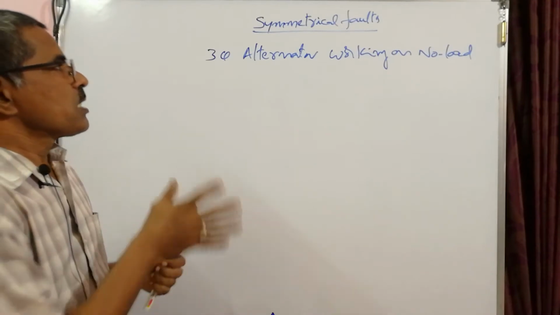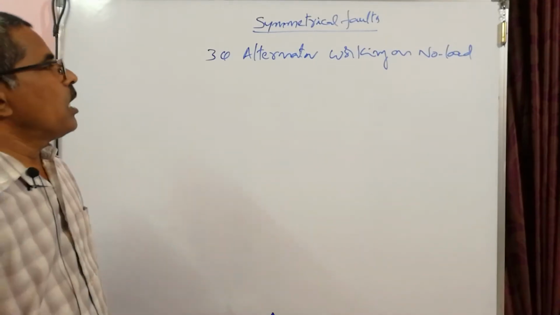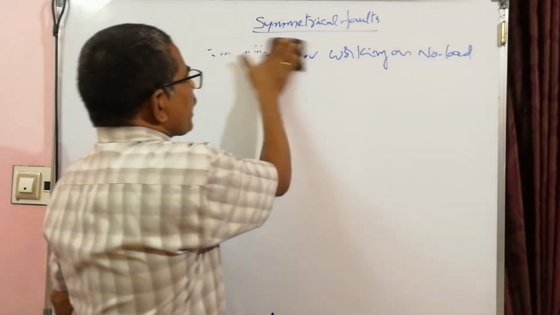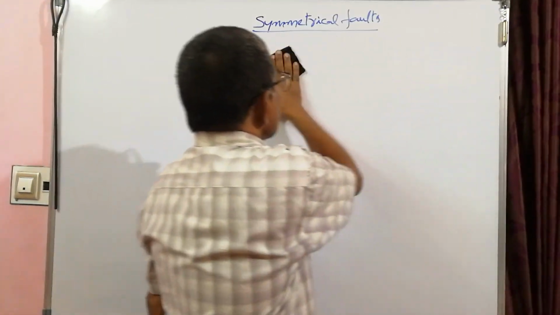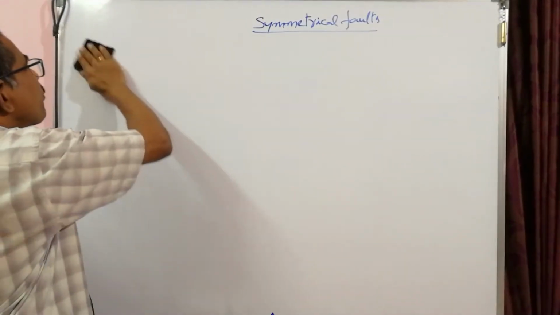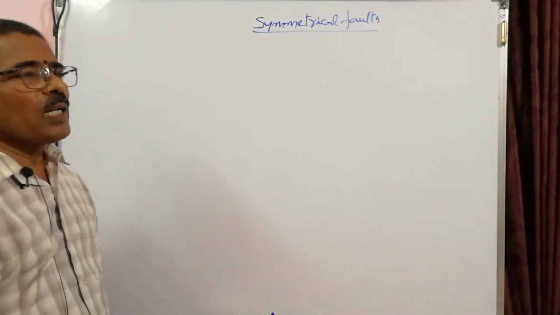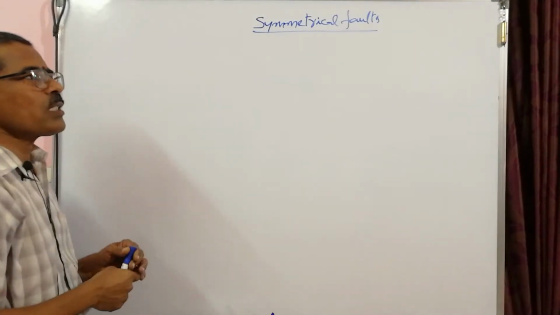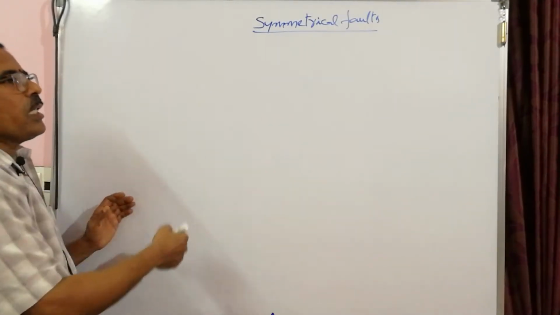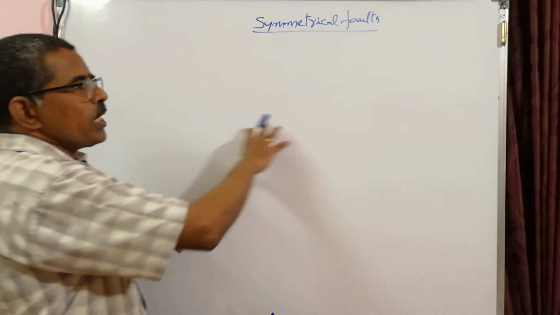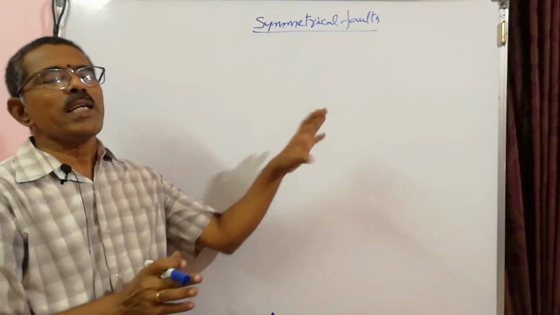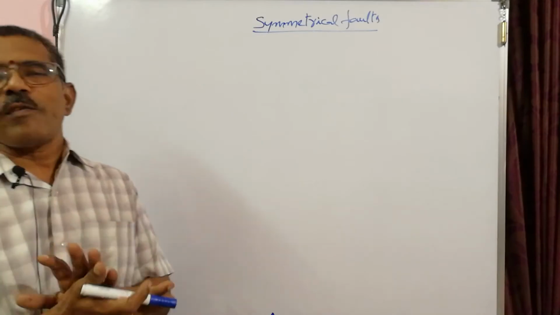When such a fault happens on a 3-phase alternator, the current immediately shoots up, which we call the fault current. Whatever its magnitude, it slowly comes down and finally settles at a fixed value.